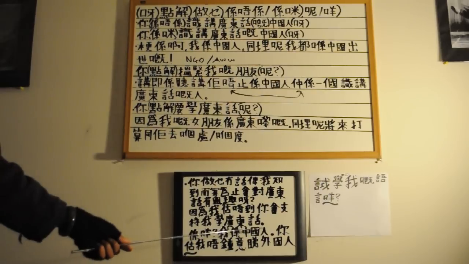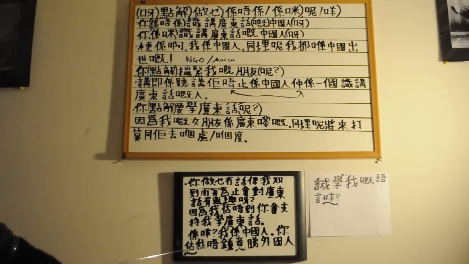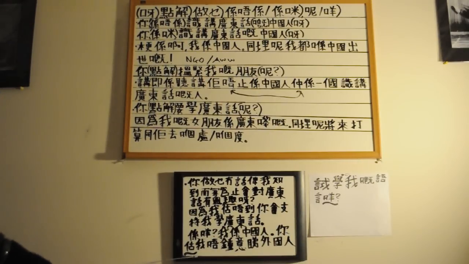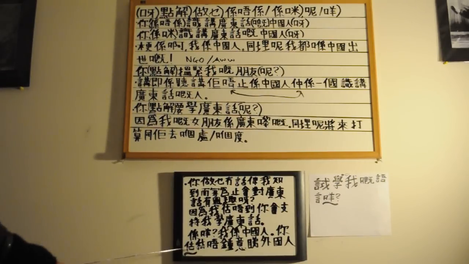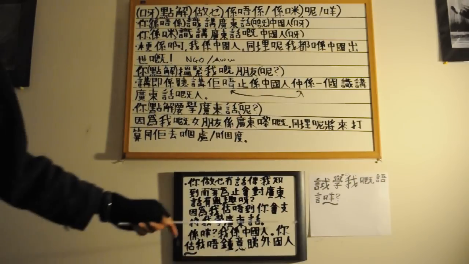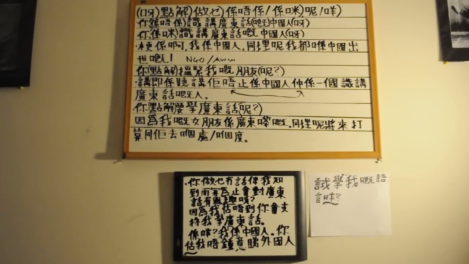我係中國人, I am Chinese. 你估我唔中意睇外國人. So this 估 here goes together with the 咩. You see how I underline 估 and then I have all this here and then I underline 咩. When you use it like that, it means, so you don't think this, sort of like sarcasm.